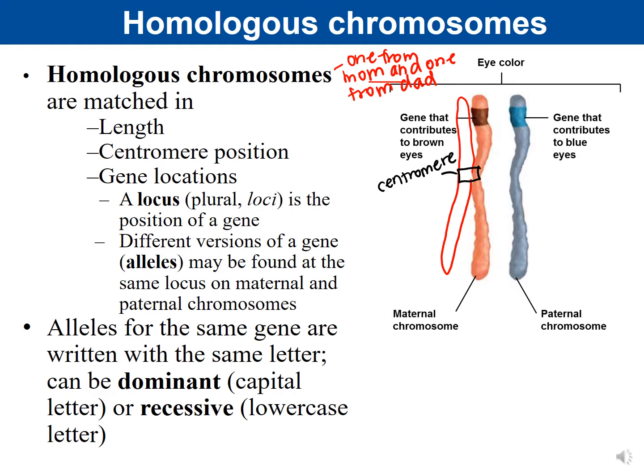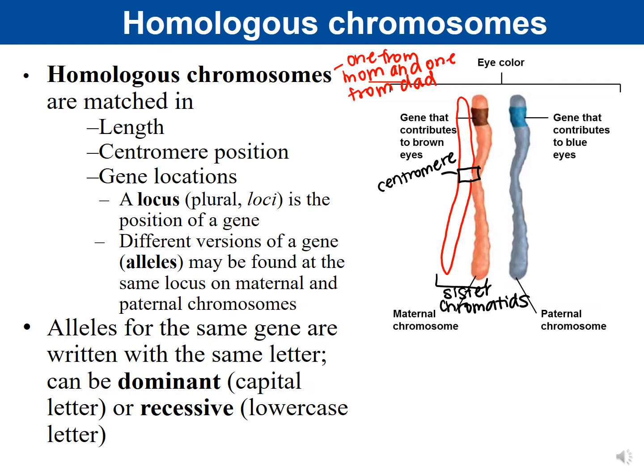And that is a sequence of DNA that proteins come in and hold those two pieces of DNA together. Now, those two pieces of DNA that are held together at the centromere are called sister chromatids. And sister chromatids are exact copies.